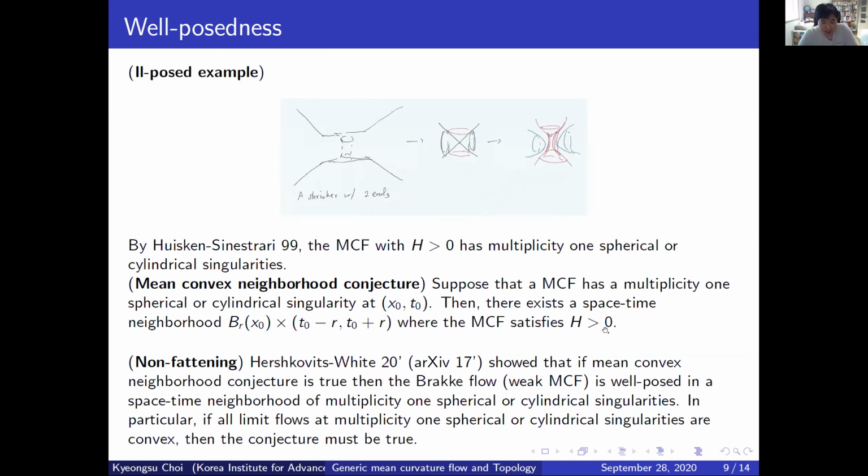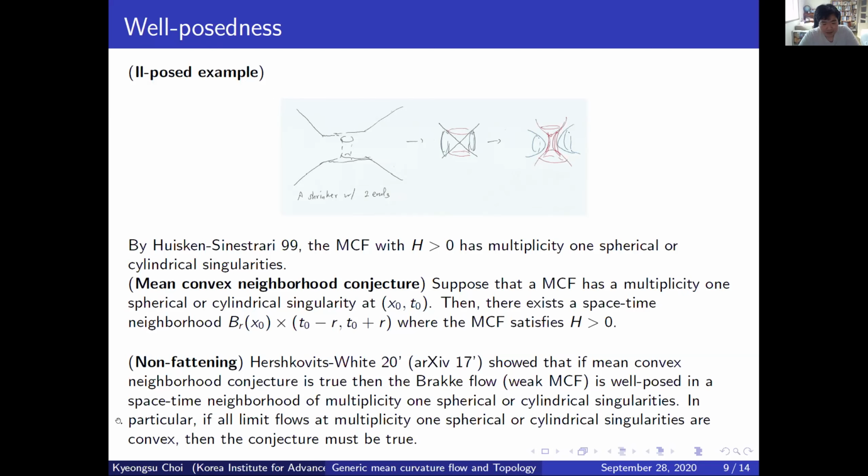This mean convex neighborhood conjecture is very important because Hershkovits and White show that if this conjecture is true, then the Brakke flow, which is a weak mean curvature flow defined in the geometric measure theory sense, is well posed in a space-time neighborhood of that singularity.